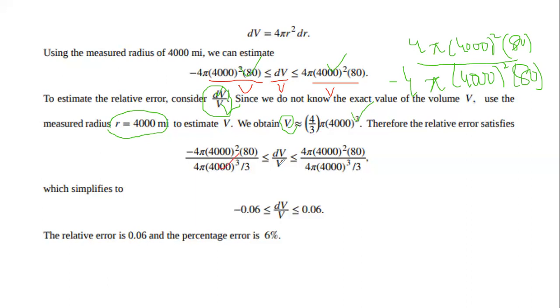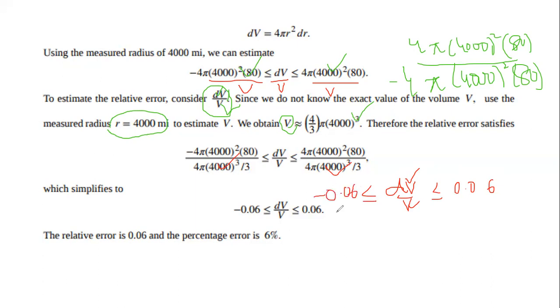So after the calculation, dV upon V, that is the change in volume with respect to the original volume, is less than or equal to 0.06, and greater than or equal to negative 0.06.